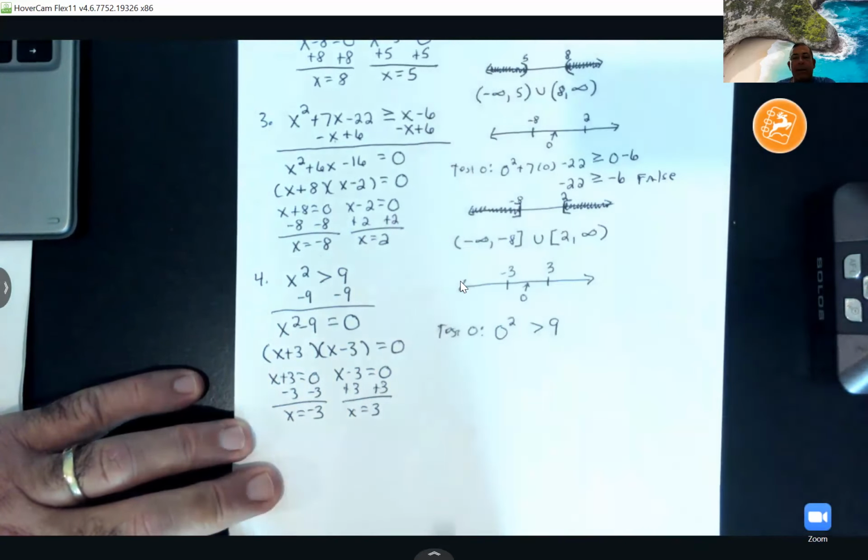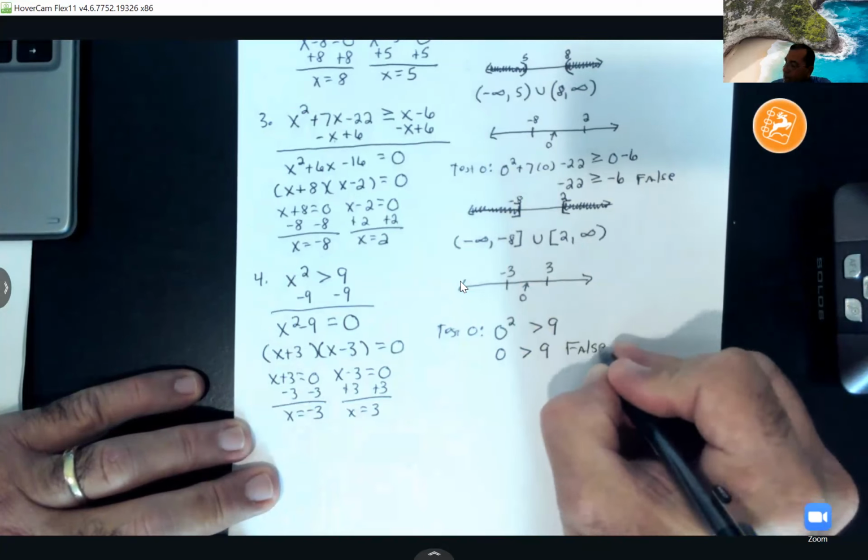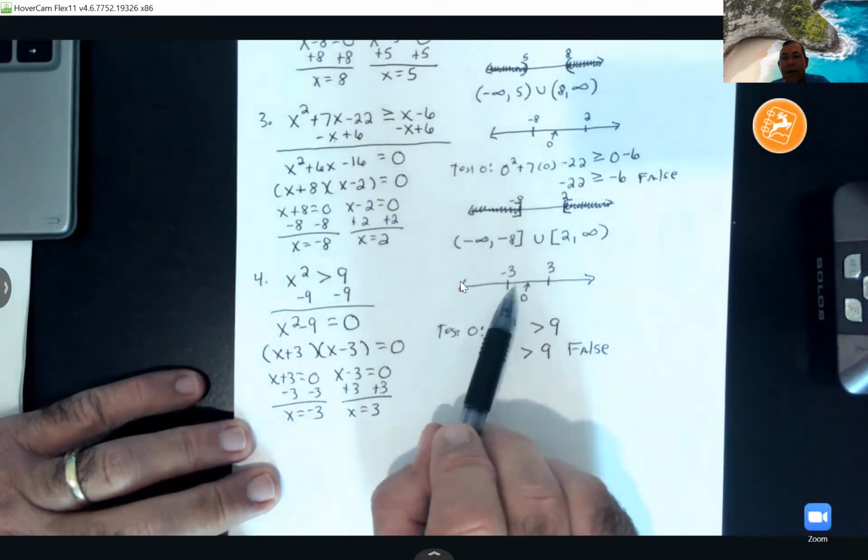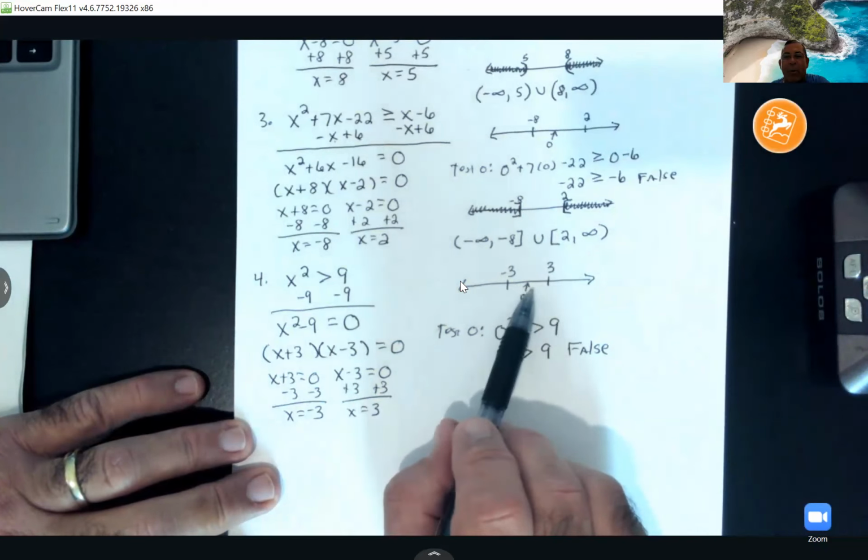So y'all, true or false, 0 greater than 9. So that is definitely false. So we're not going to shade that where that 0 is.